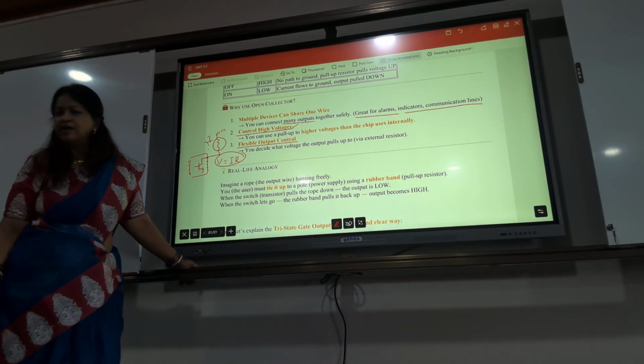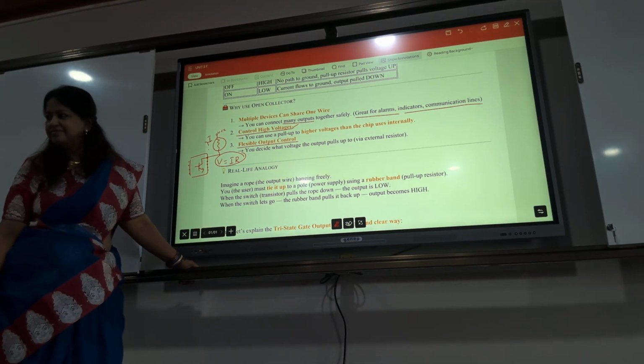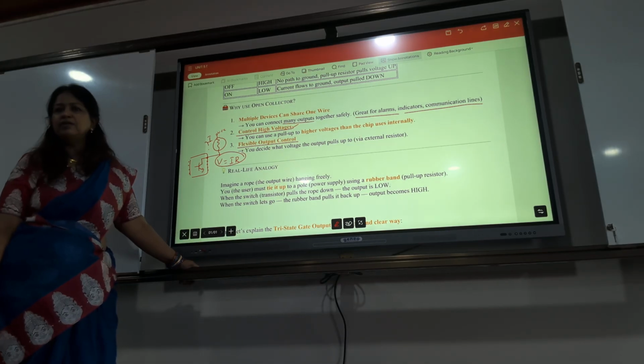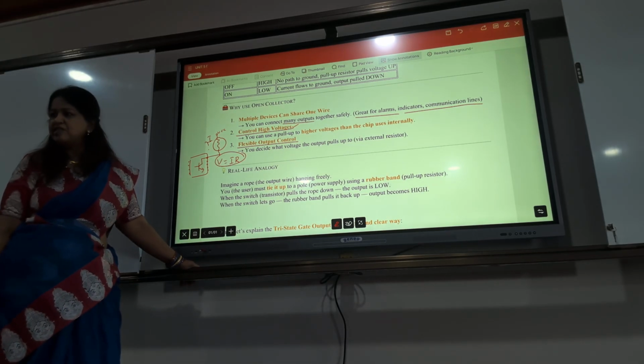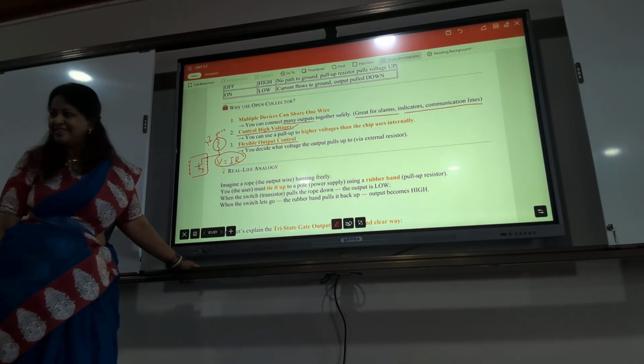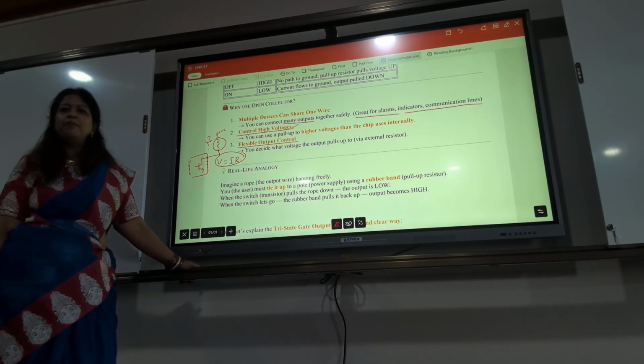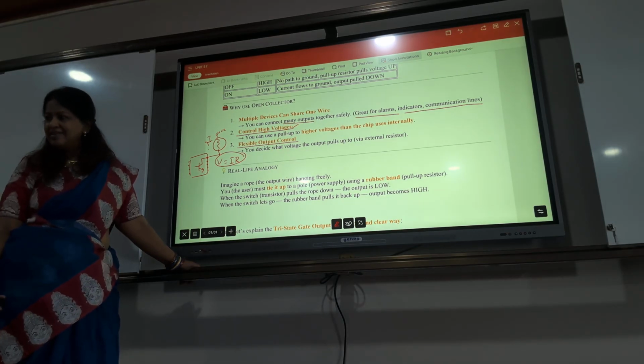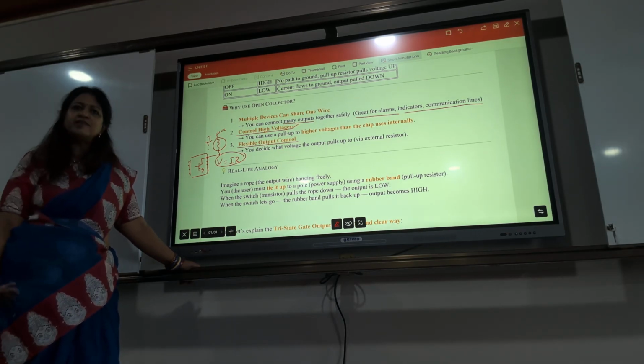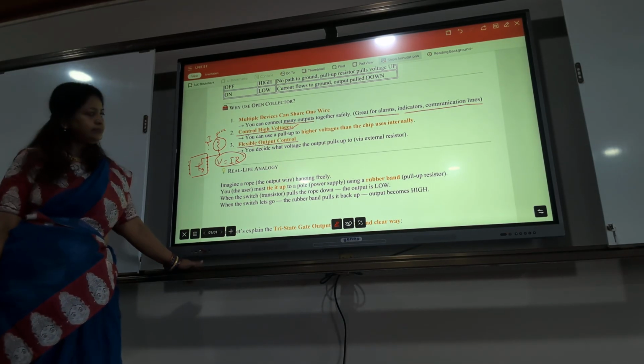Based on the resistor value, you can decide how much drop should happen in the resistor and how much should come out. VCC minus IR is what is going to come out, right? VCC minus the drop is what comes out. If you want less drop, the resistor will be of lower value. If you want more drop, the resistor will be higher.